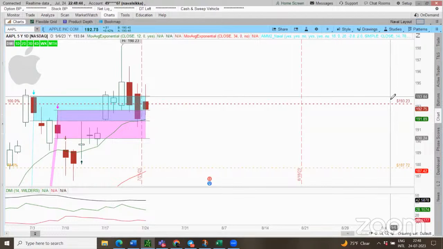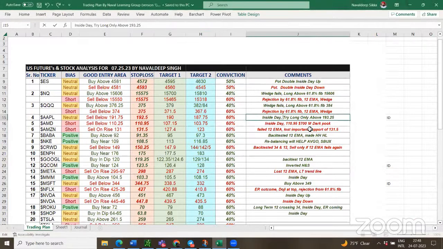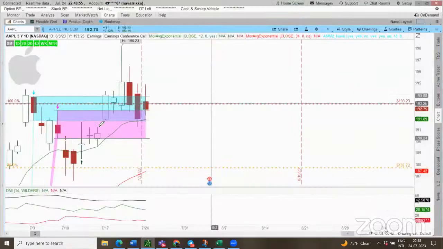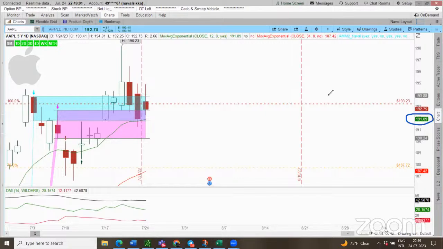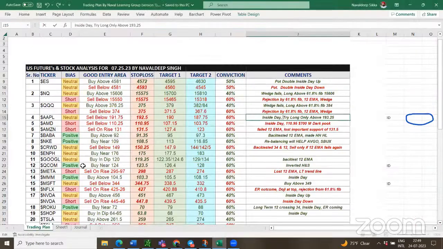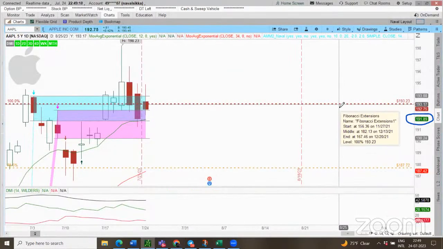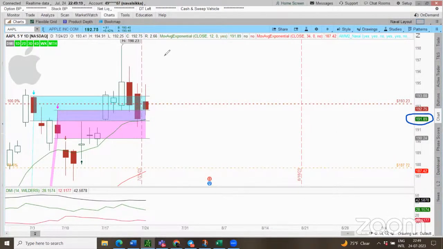Otherwise, I think we'll see some choppiness. Now, if we have to sell, we need to sell below 191.89. Targets are there. If you want to try long, above 193.25. That's fine. Apple is not a high conviction trade.